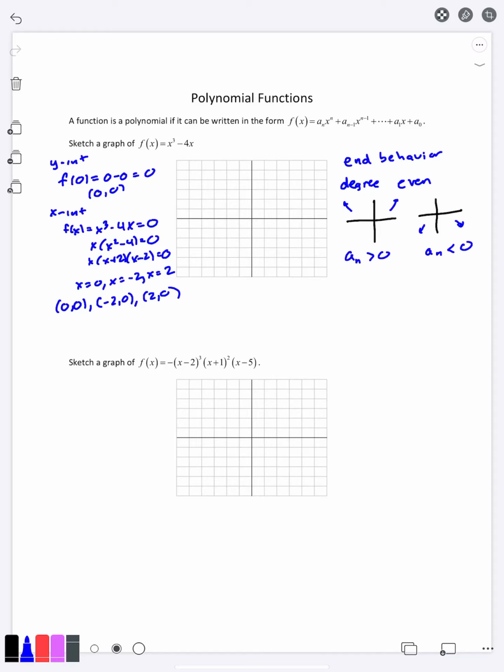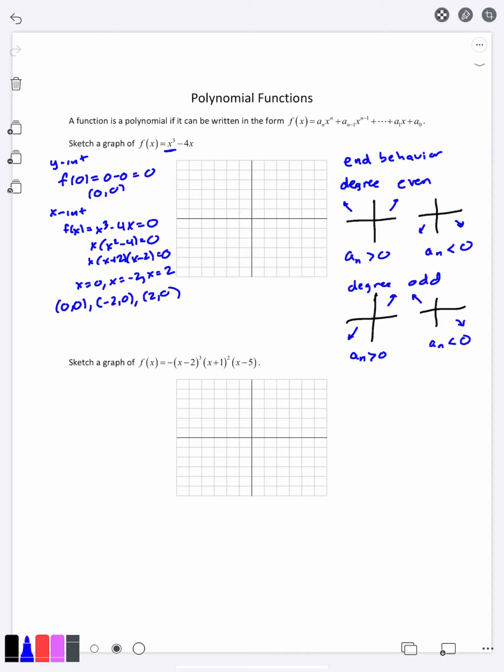Now second here, if the degree is odd, and that's actually the case that we have in this problem because my degree is 3 here, well, in the odd degree case, you either go down on the left and up on the right, or vice versa. Again, depending on whether the leading coefficient is positive or negative.